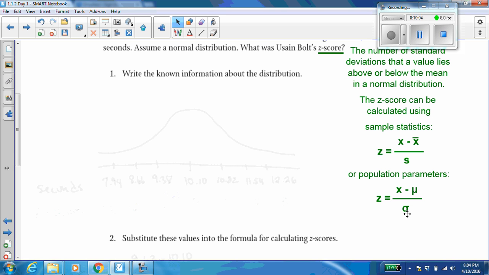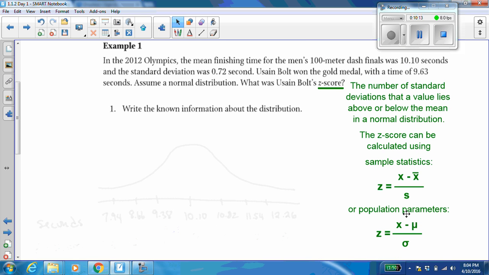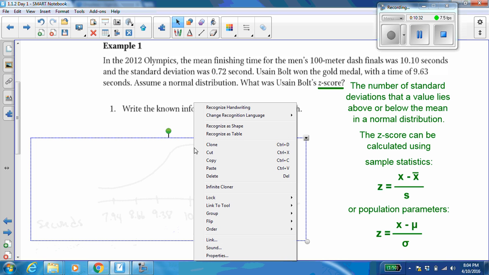So when we're doing all of these, first things first, let's draw our picture, just like we were doing the last couple of days. Let's go back up and treat this problem just like we did before. We know that Usain Bolt's time was 9.63 seconds, but the actual data of 100-meter dashes has a mean of 10.10 seconds with a standard deviation of 0.72.